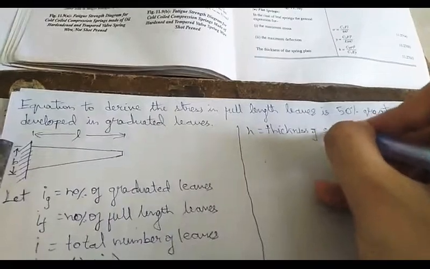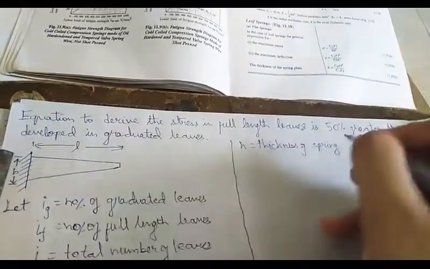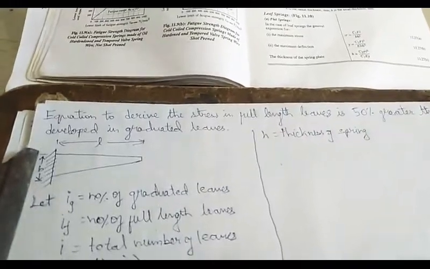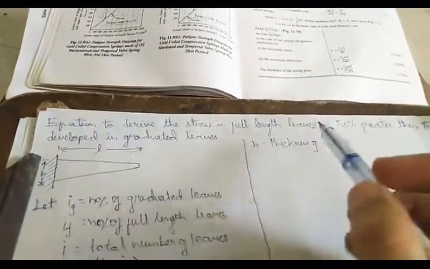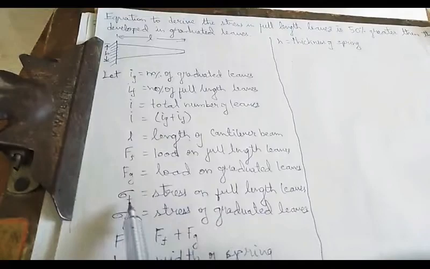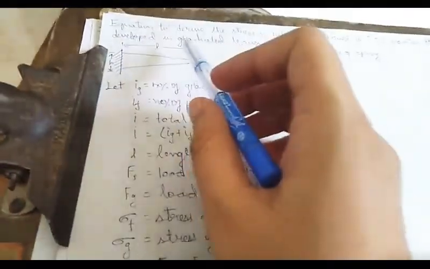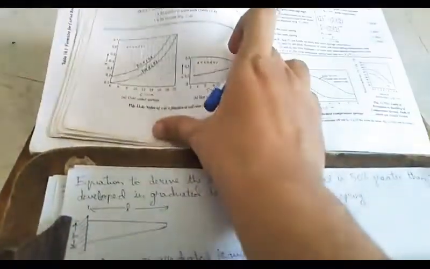Now here we are analyzing the stresses in the full length leaves. So sigma F, stresses in the full length leaves, will be equal to 50% greater than the stresses developed in graduated leaves. So this we are going to derive now.